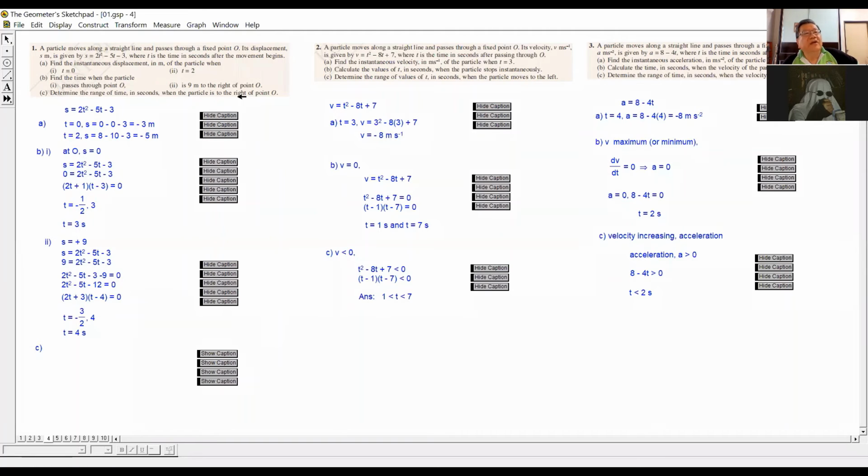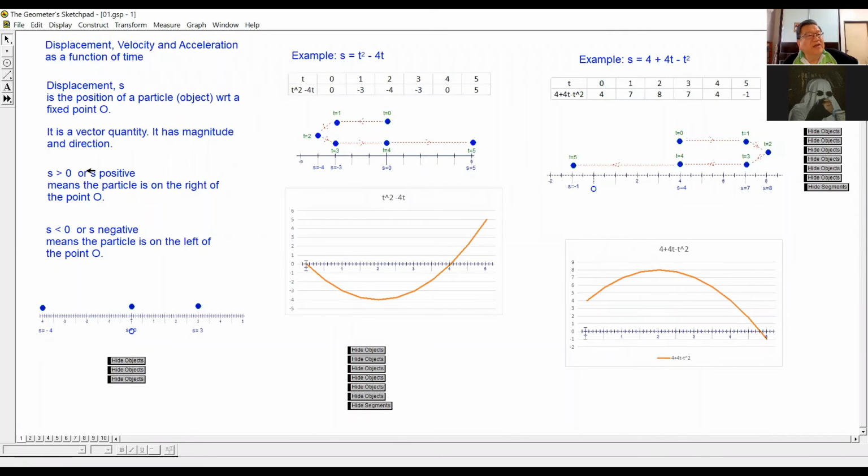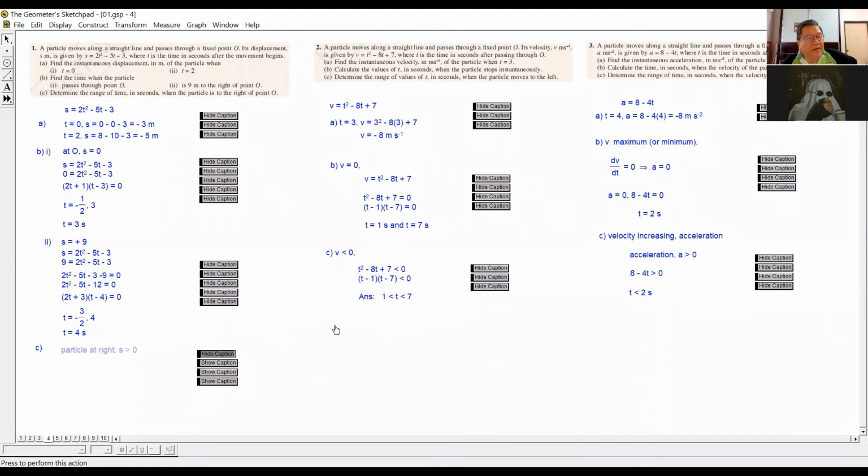The particle is on the right means s is greater than 0. Correct. You see here? Greater than 0 is on the right, so correct, greater than 0. Particle at the right means s greater than 0.